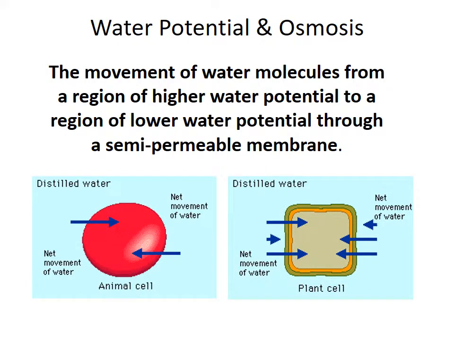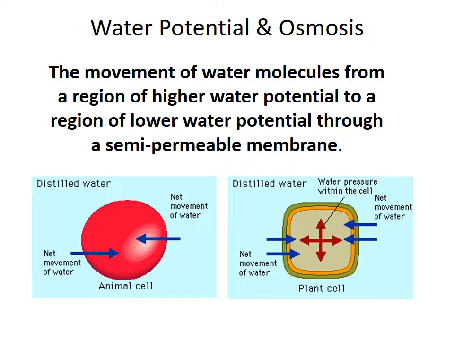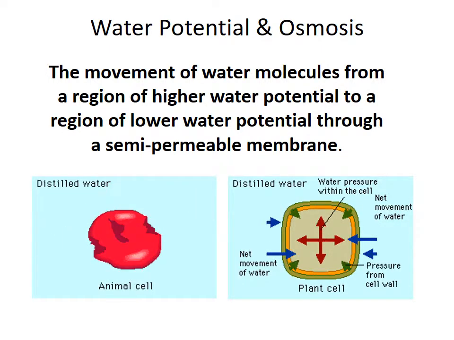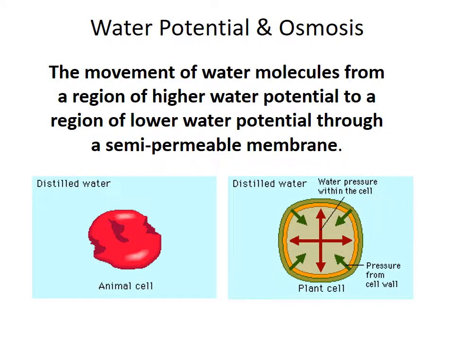Water always moves from a region of higher water potential to one with lower water potential, or basically down the concentration gradient. So we can define osmosis as the movement of water molecules from a region of higher water potential to a region of lower water potential through that semi-permeable membrane, which is your cell membrane.